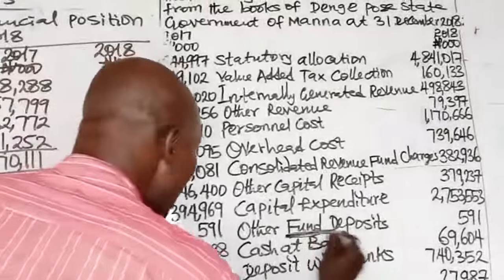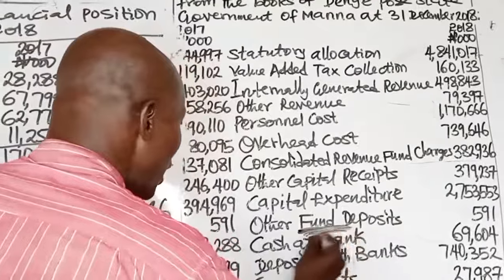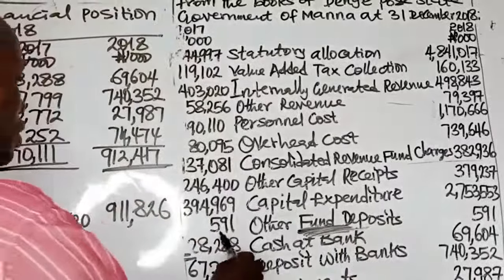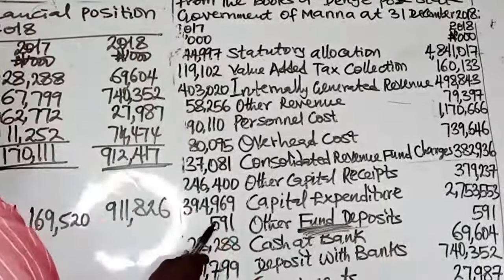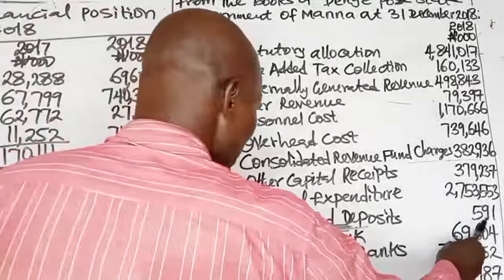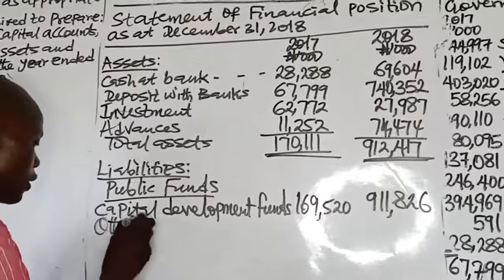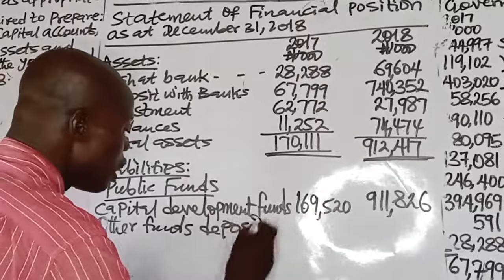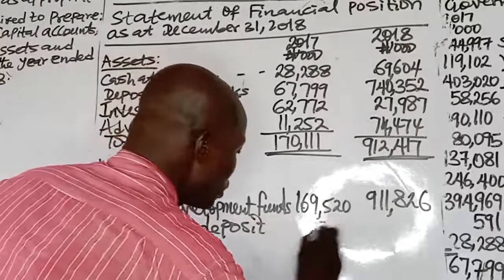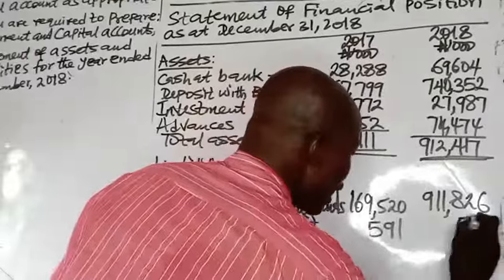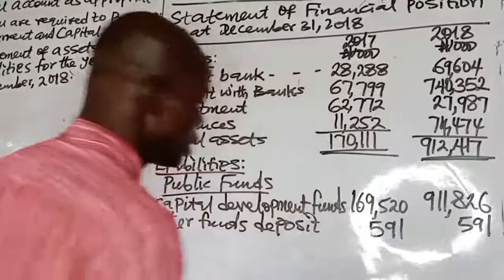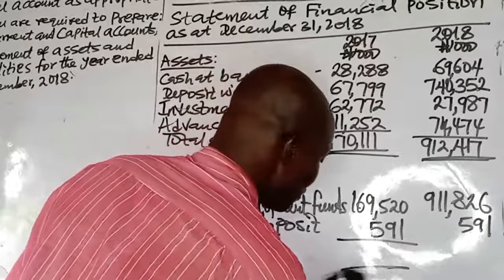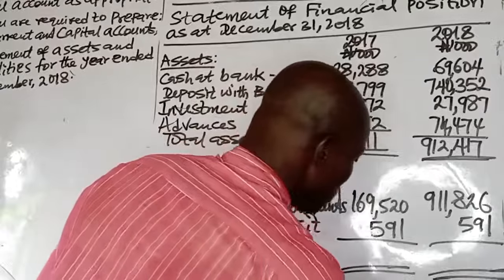Back to the question. You have other funds, other fund deposits. All funds are liability. 2017, we have 591. 2018, we have 591. That is all about the items of liability. Then you sum it up.